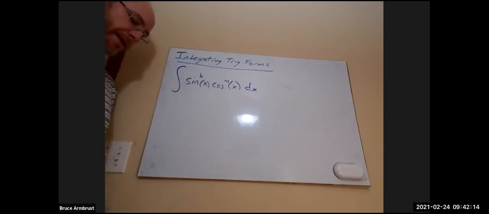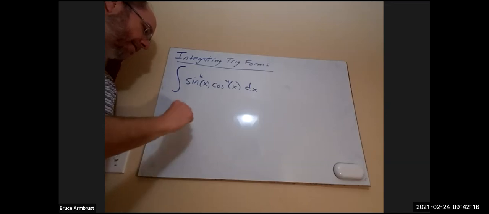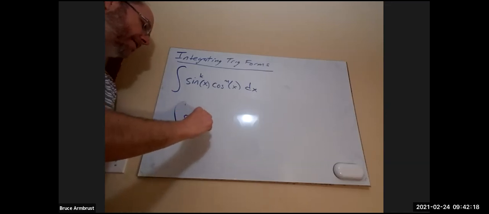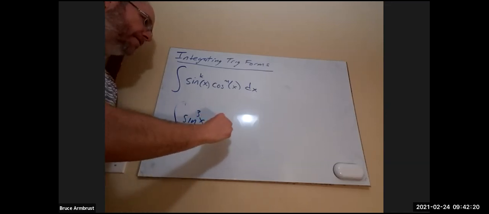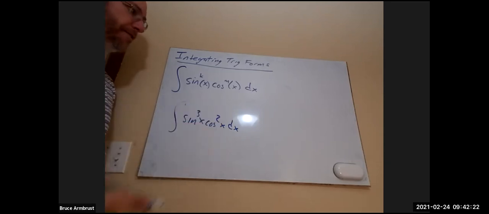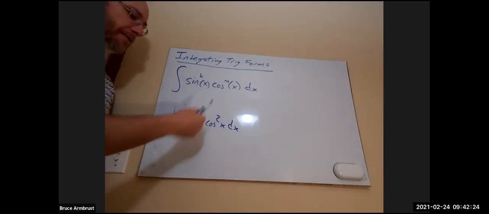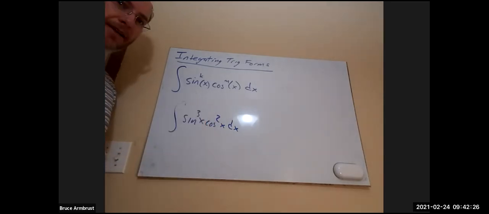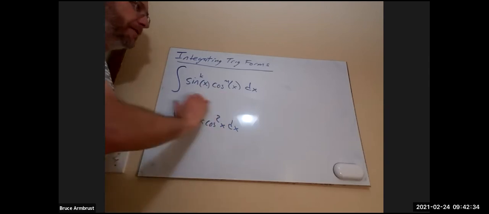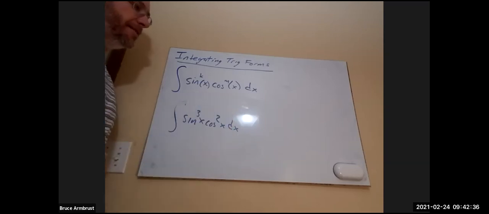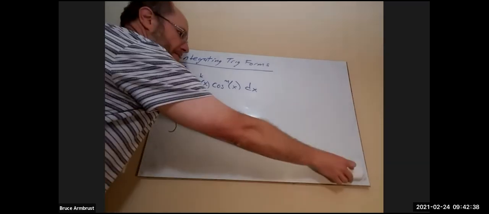These are going to be things like the integral of sine cubed cosine squared, right? So insert your favorite powers for sine and cosine. We're going to be looking at how we integrate things of these different forms.